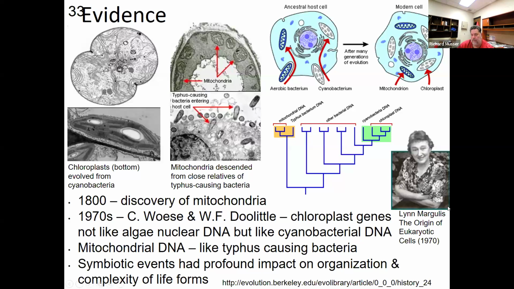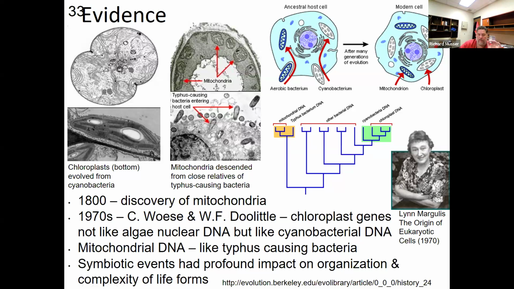This was first proposed by Lynn Margulis, who came up with the idea back in 1970. Again, it's the idea that a large cell engulfed these small cells that could then replicate inside the bigger cell, becoming either mitochondria or chloroplasts, or both, depending on the type of plant, or in the case of animals, just mitochondria.